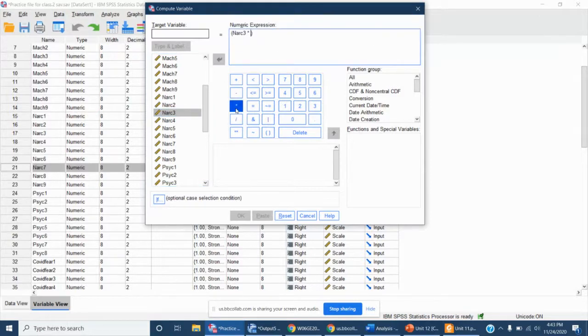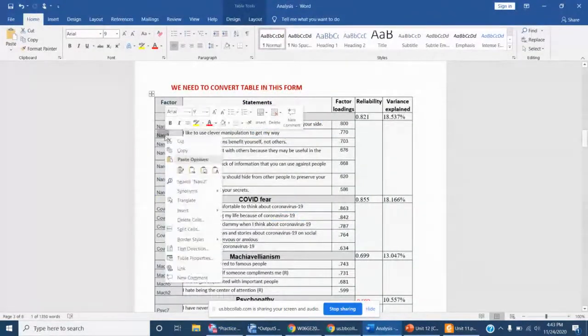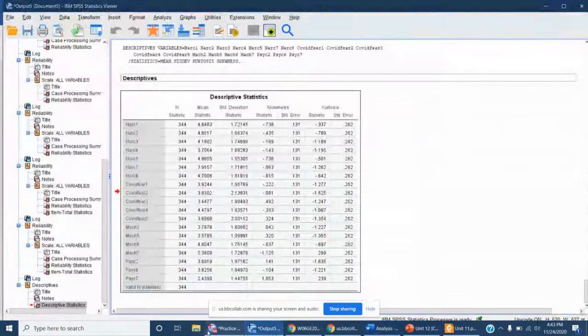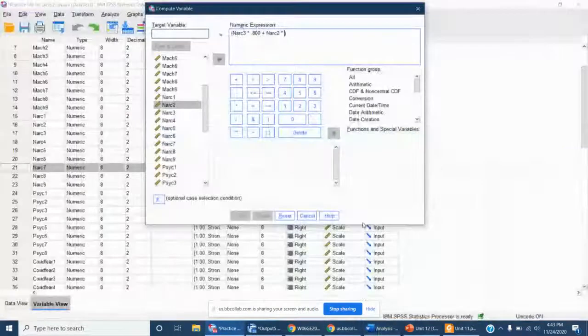This is the multiplication: I will multiply it by its weight, which is 0.800. Then I will add, and place the other variables. So narcissism 2 is there. I need to shift narcissism 2 there. The weight of narcissism 2 is 0.770. I will write that weight.